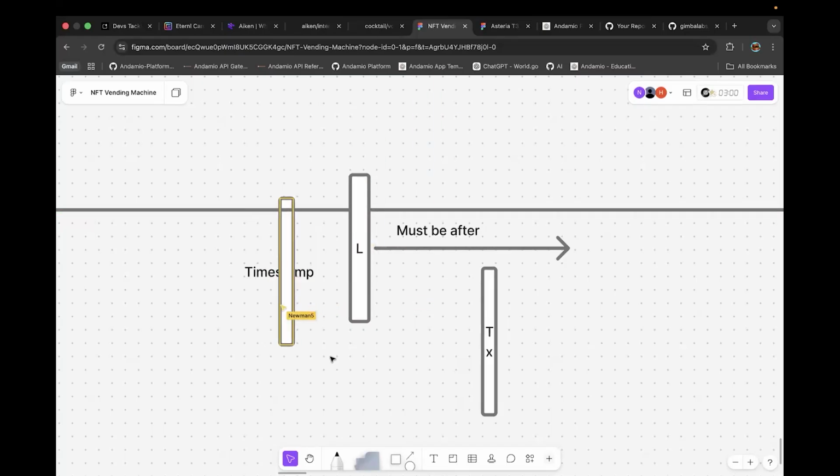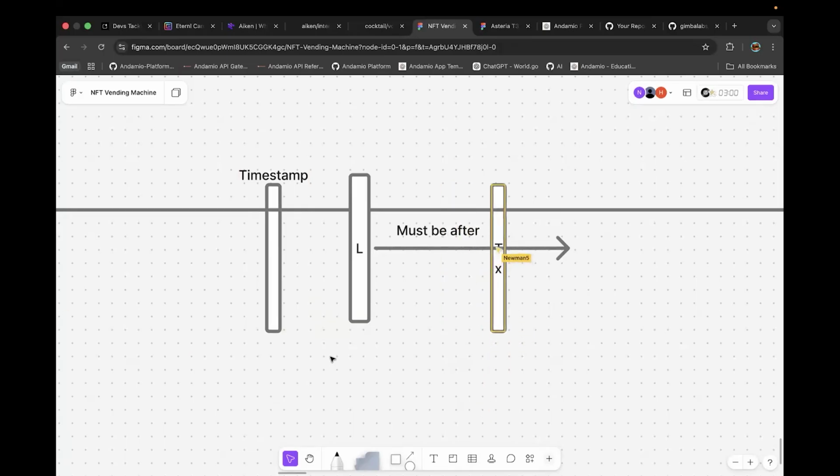So there's the timestamp bar. Let's call it like this, and we'll group these. Now you can move this around. Everything is on the timeline, and this TX is the transaction, right?